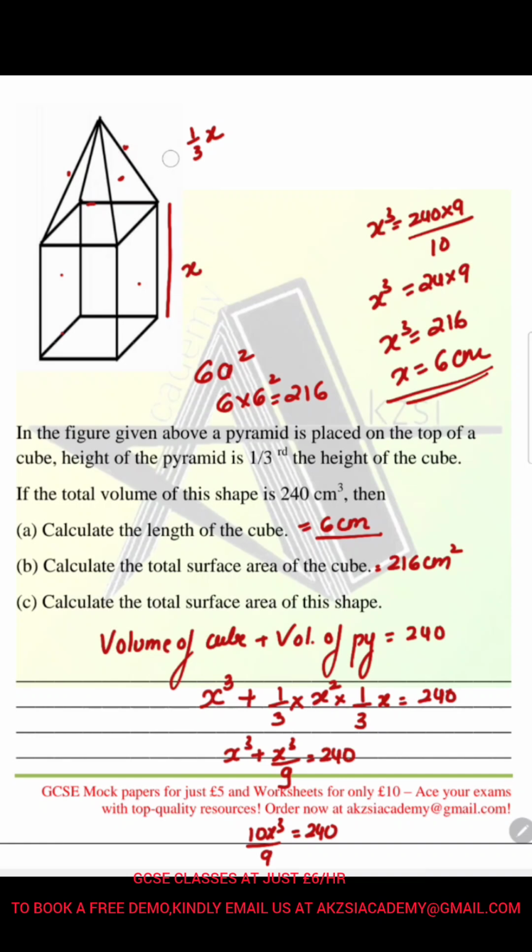We know the height of each of these is 1 over 3x. This height is 1 over 3x, that is 2. This height is 2. This is 6.